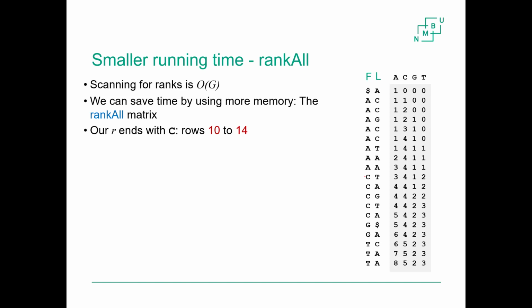And this C section, you could call it, is actually from row number 10 to row number 14 in this index. And how do we actually know these 2 numbers here, 10 and 14? Where do we know them from?